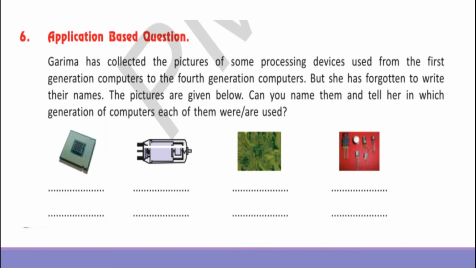See the first one? It is microprocessor and it was from fourth generation. See the second picture? It is a picture of vacuum tube and vacuum tube was from first generation. See the third one? Integrated circuit.